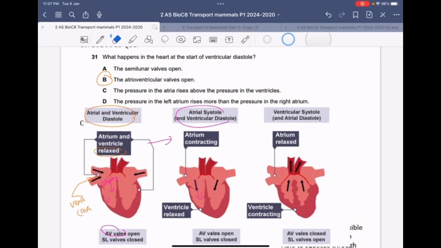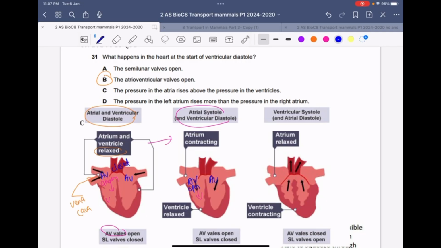But the semilunar valve, which is at this place, will be closed. The semilunar valves, including the aortic valve and pulmonary valve, will be closed. So both AV valves, here and here, will open. And when it goes to the atrial systole phase, the AV valves will still be open.